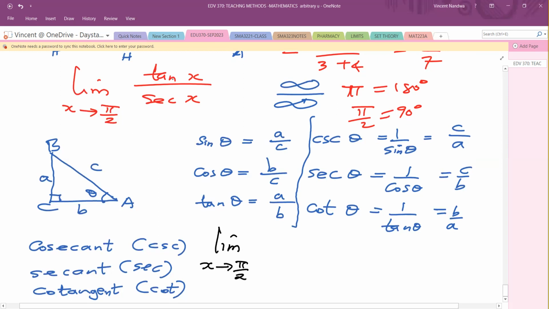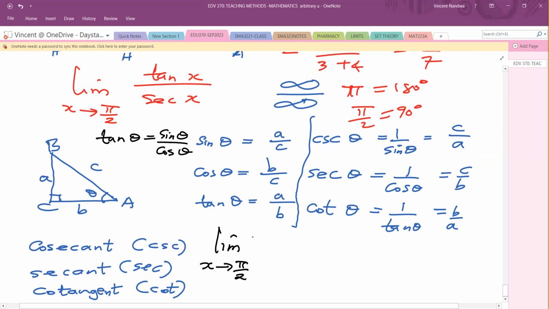So now hapa kuna limit as x approaches pi over 2. So hii tan inaweza andikwa kama, you know that tan theta is the same as sin theta over cos theta. Yeah, hii walifunza high school, okay? Tan is the same as sin over cos.